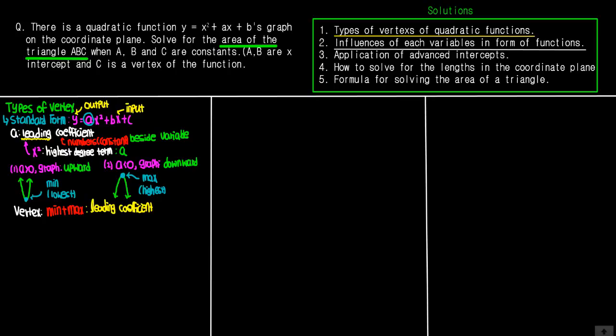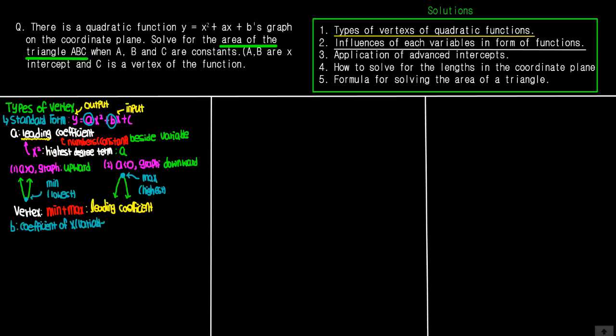And now let's think about what b is. The b is exactly the same kind of concept as a, except it is just a coefficient, not a leading coefficient. It is just the coefficient of the x term, which is a variable.